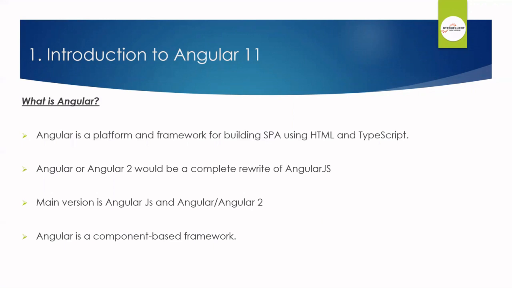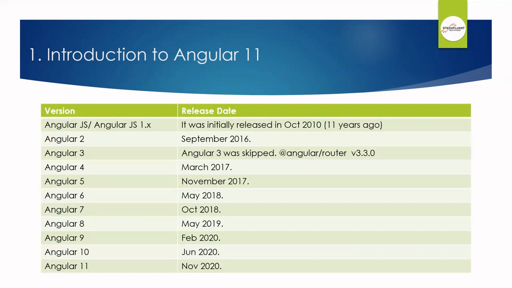So now let's see Angular history, or the Angular versions. The first version, AngularJS, was introduced in October 2010, which is 11 years ago. And the later version, Angular 2, totally rewritten from AngularJS, was introduced in September 2016. As you notice, Angular 3 is not introduced. The Angular 3 version was skipped to avoid confusion due to the misalignment of the router package version, which was already distributed as version 3.3.0.